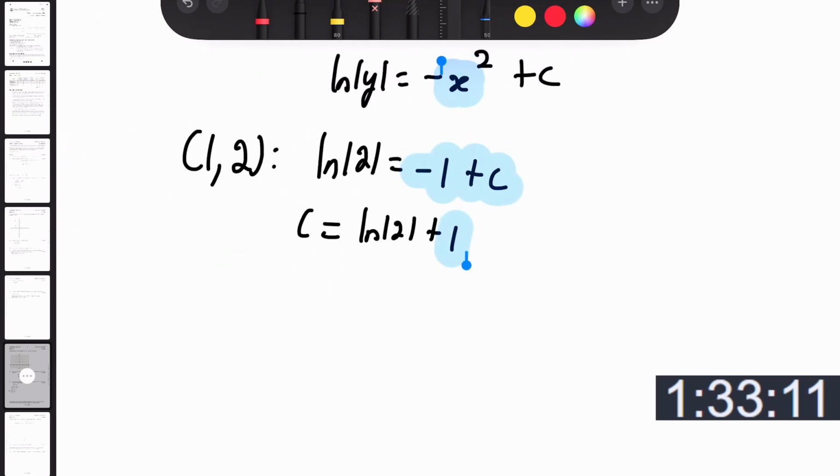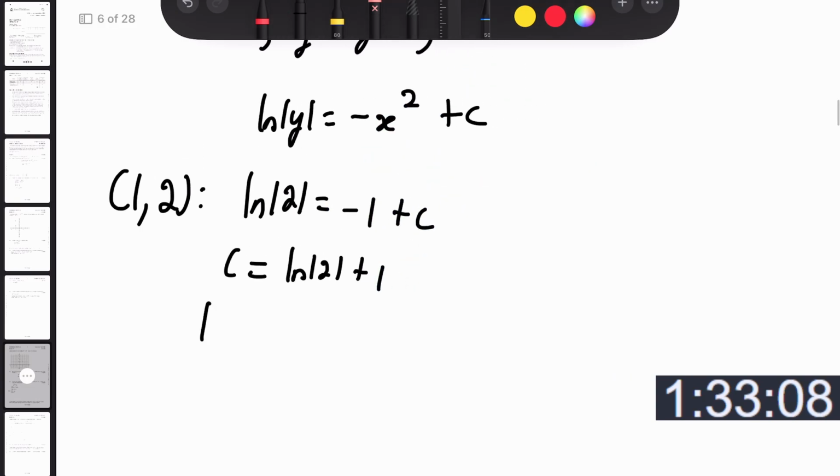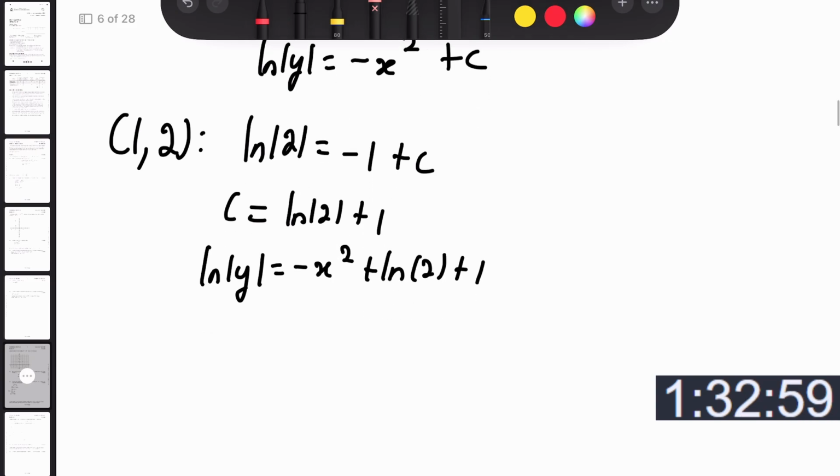So then we have ln of y is going to equal negative x squared plus ln of 2 plus 1. So y is going to equal, well, can I just leave it like that? Not sure.